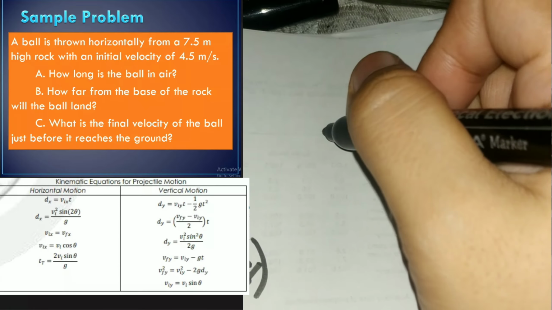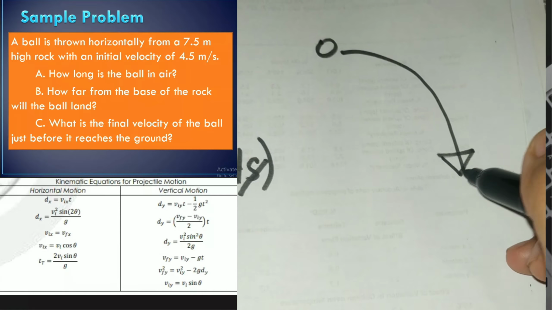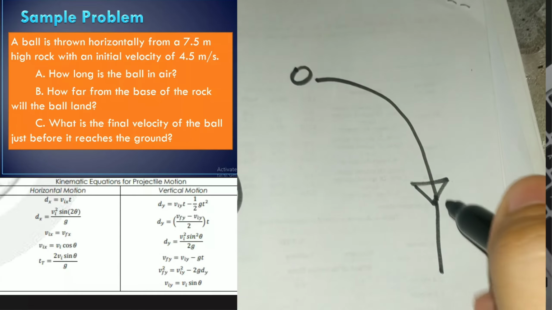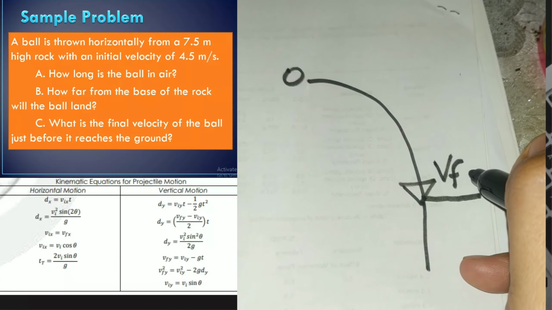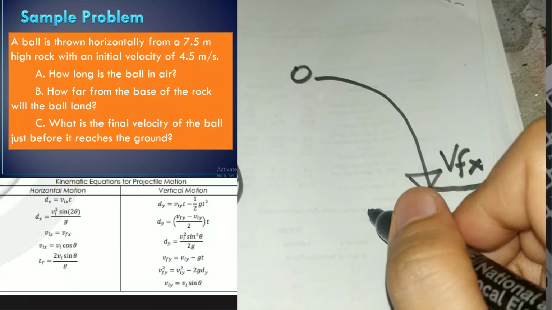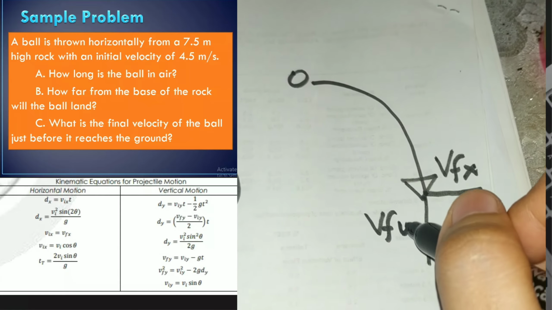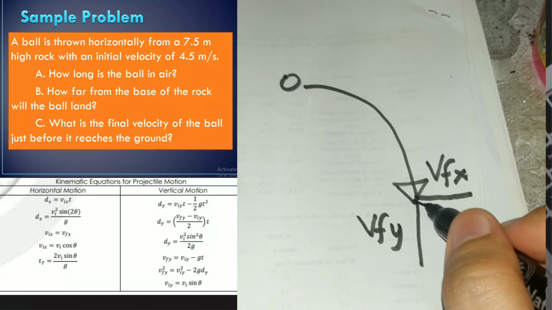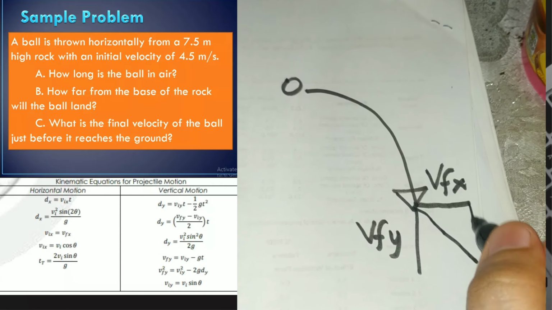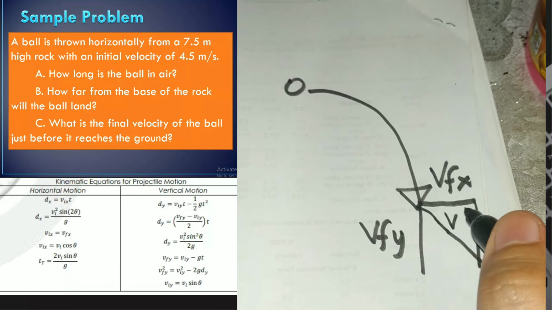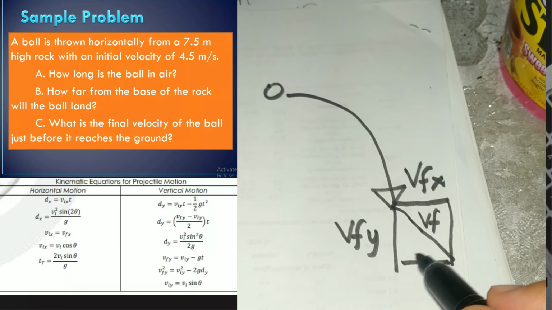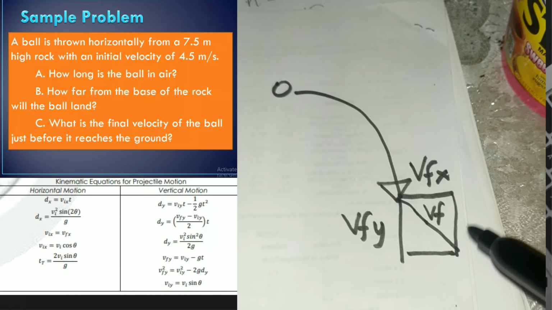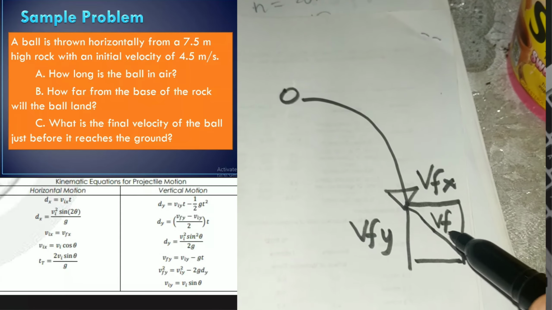Because in our projectile, it is composed of the final velocity Vf along the horizontal and the final velocity Vf along the vertical. So to find your final velocity Vf, we can use the concept of a right triangle, and we can use the Pythagorean theorem.